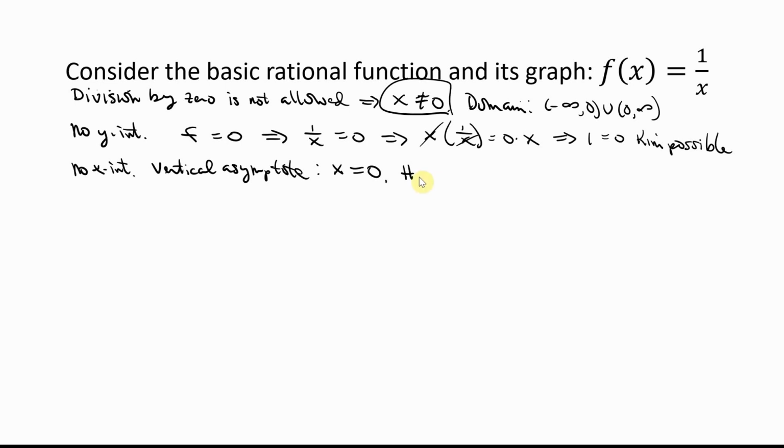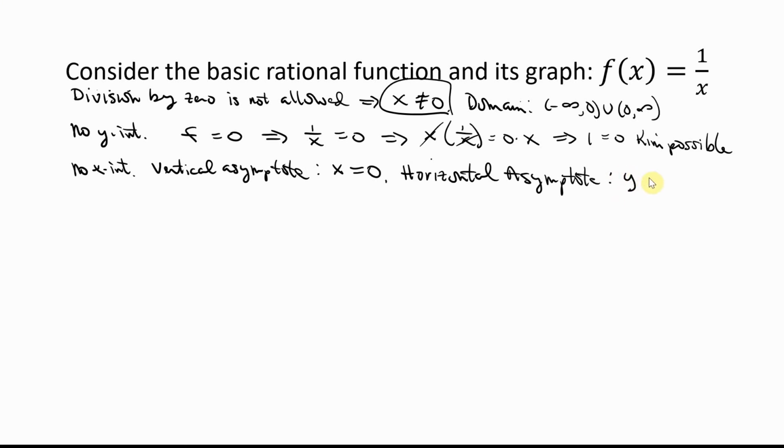And the same thing happens sometimes horizontally as well. Now I'm going to define in detail the idea of the vertical asymptote and the horizontal asymptote in a little while.